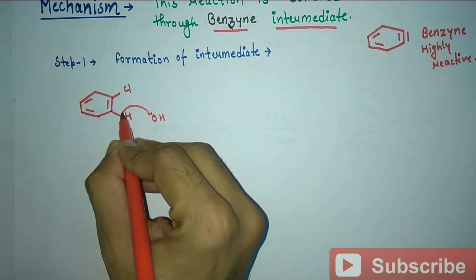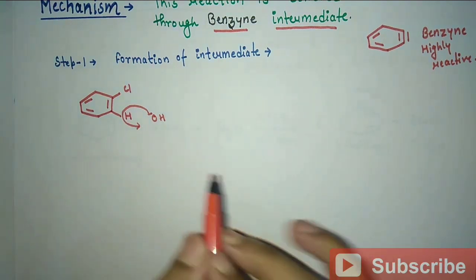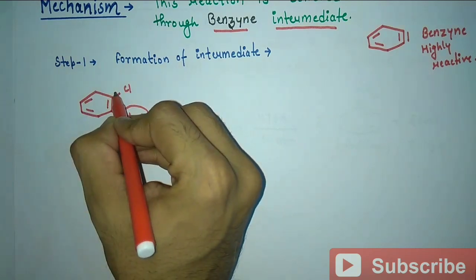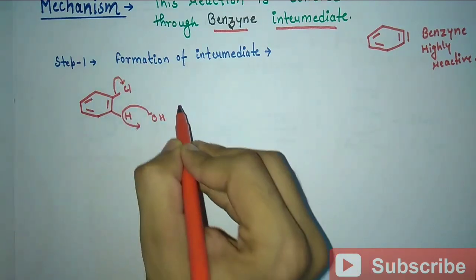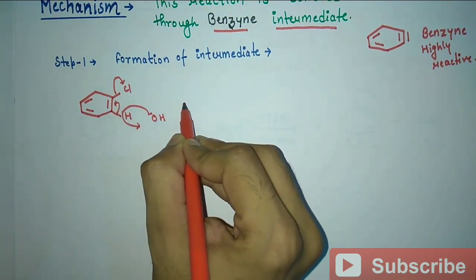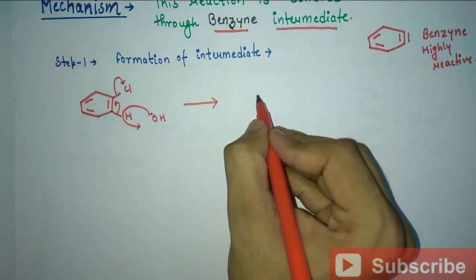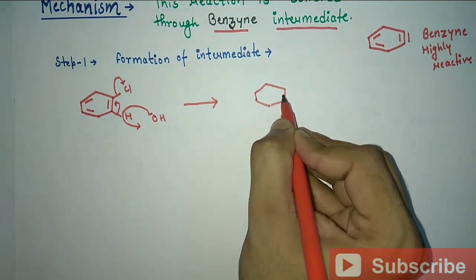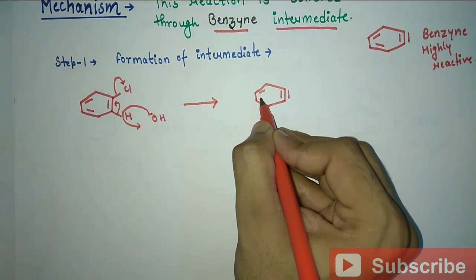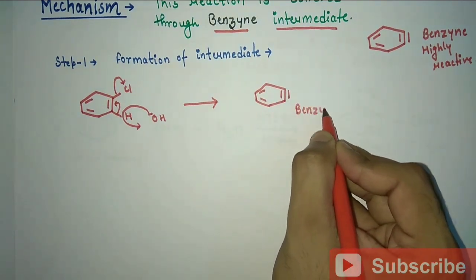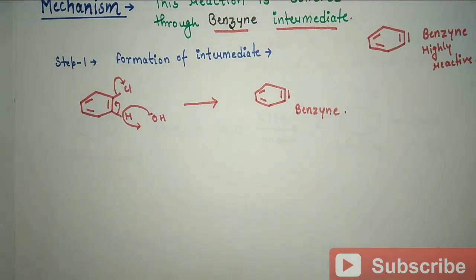It removes this hydrogen atom in the form of H plus ion, and this chlorine atom will leave, and this bond goes to this. So it forms the benzyne intermediate. The first step is the formation of the intermediate benzyne.